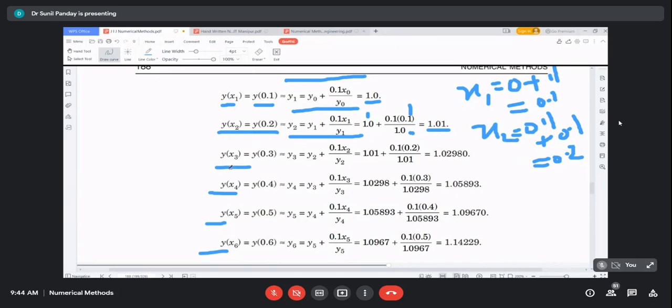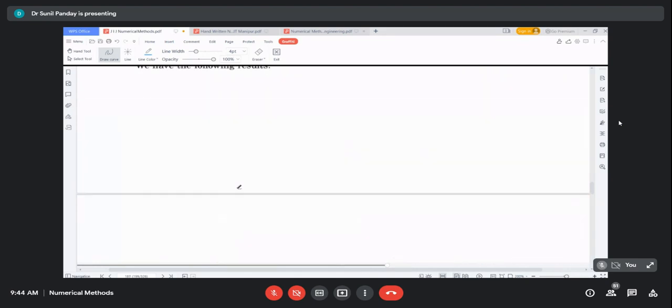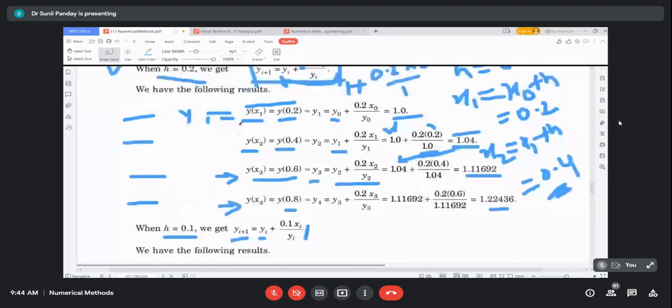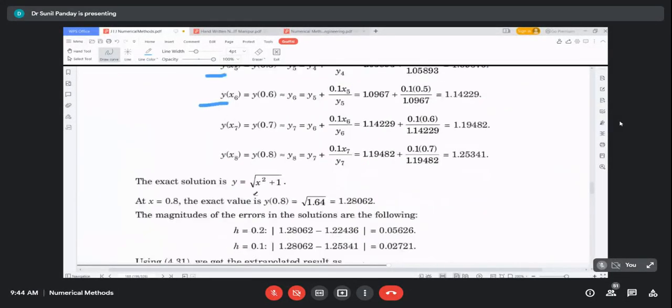Now you have more values of y within the domain as compared to the previous case. In the previous case we knew only these four values, but now we have these eight values.